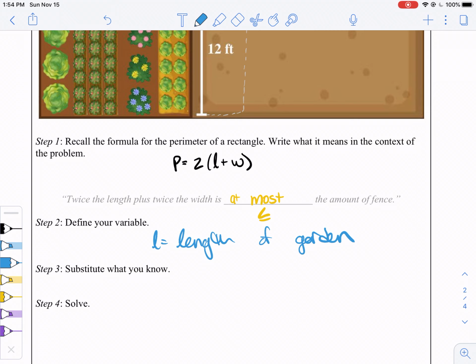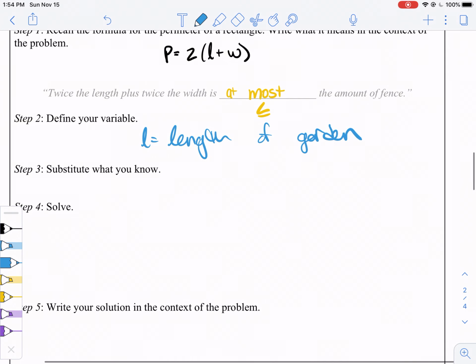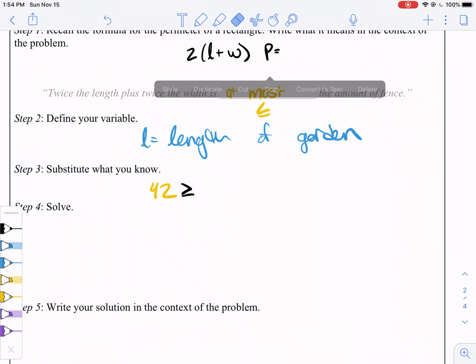Well, what do we know about our garden? Well, we know the perimeter is 42, and we know it's going to be up to that. So I did switch this around. If it's less confusing, we can move this around here. Let's do it like that.